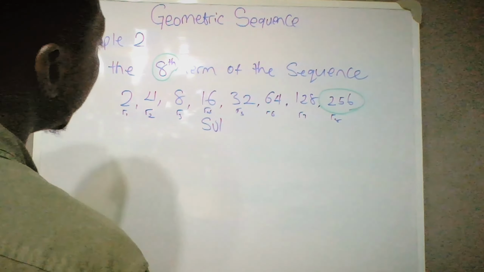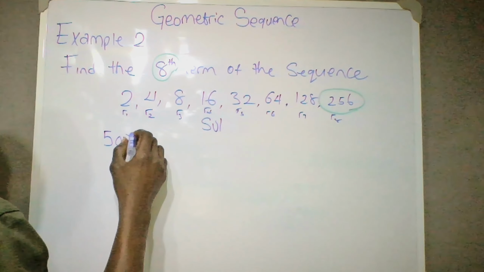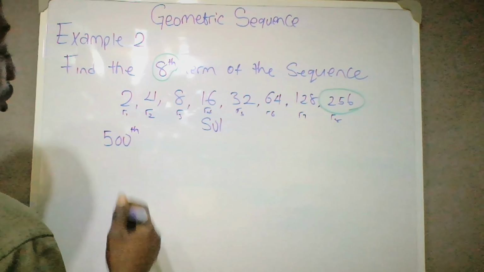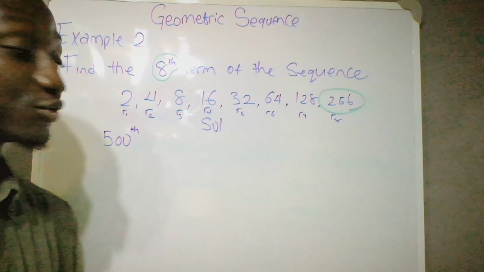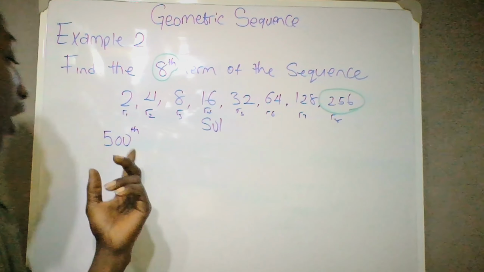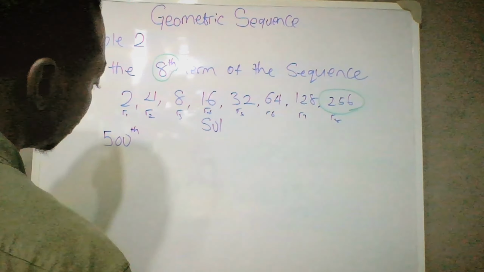If you're asked to find, for example, the 500th term, it is almost impossible to keep multiplying by r till you get to 500. So now, this is what you have to do.